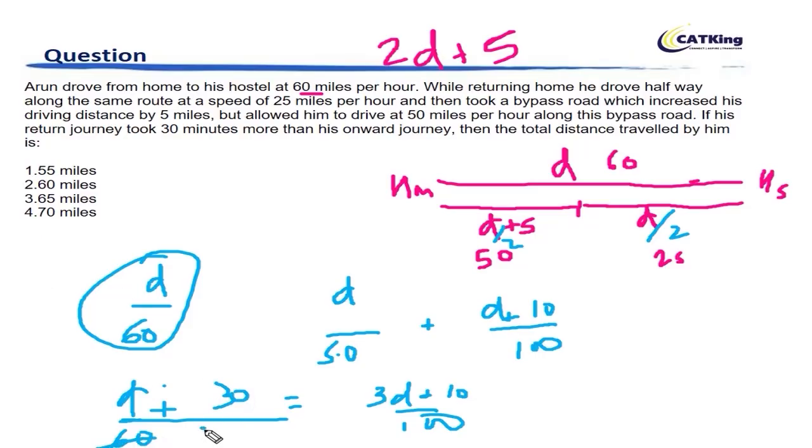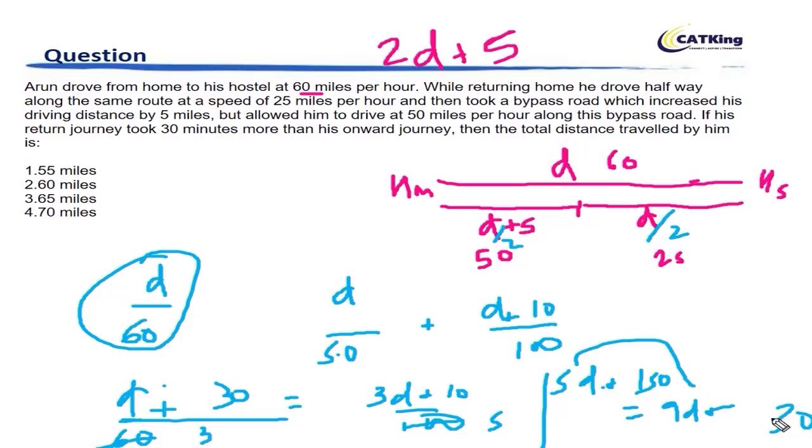Now this is 3 times, this is 5 times, right? So this becomes 5d plus 150 is equal to 9d plus 30.